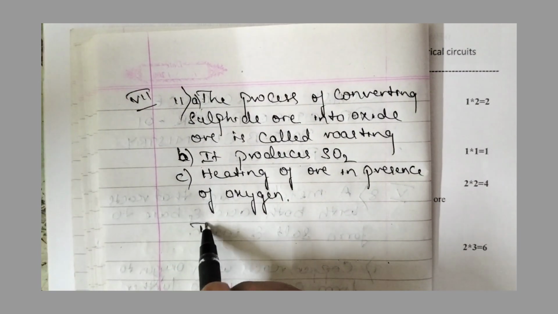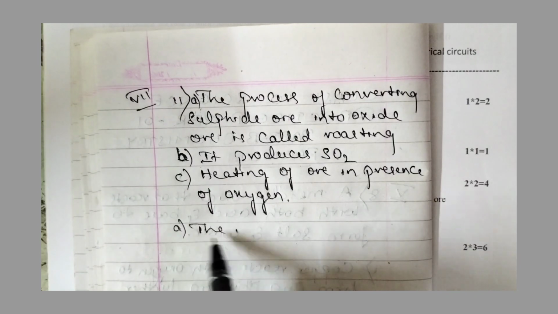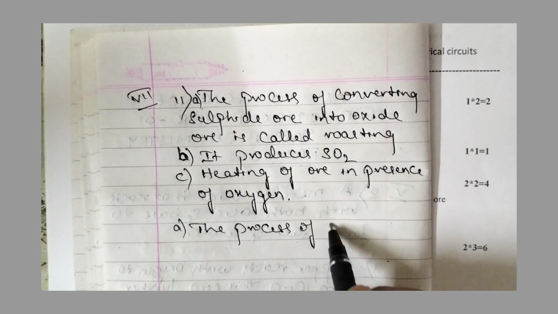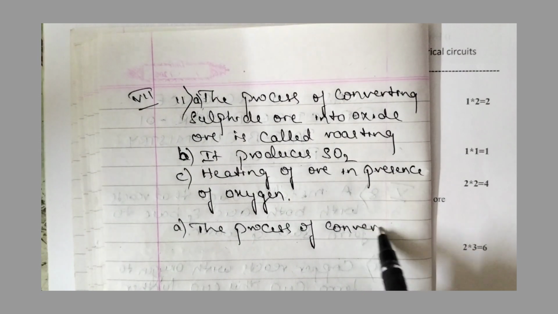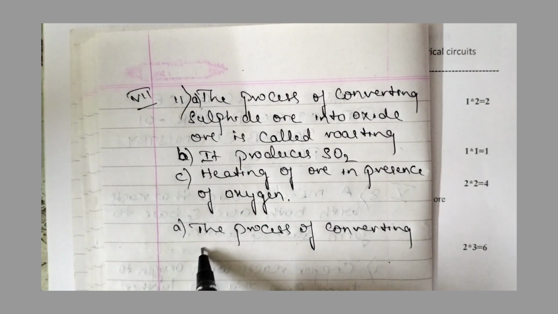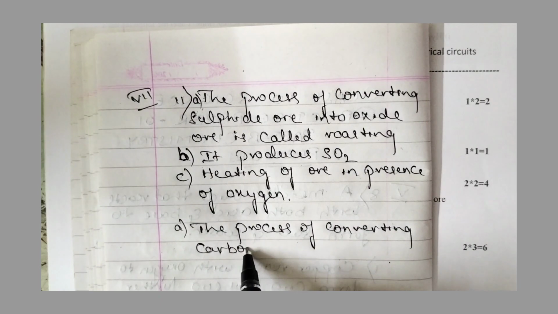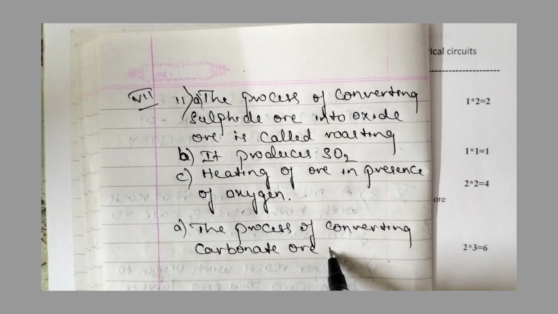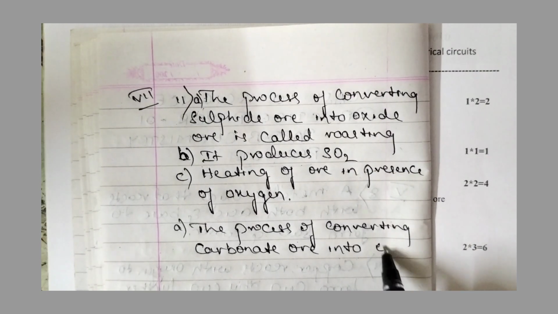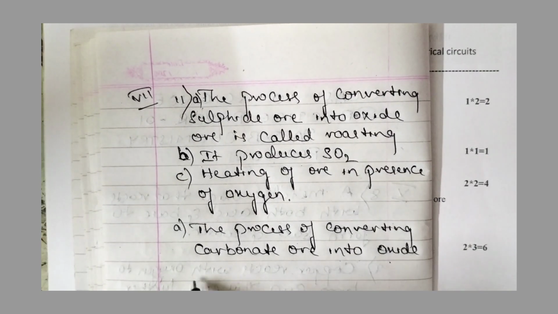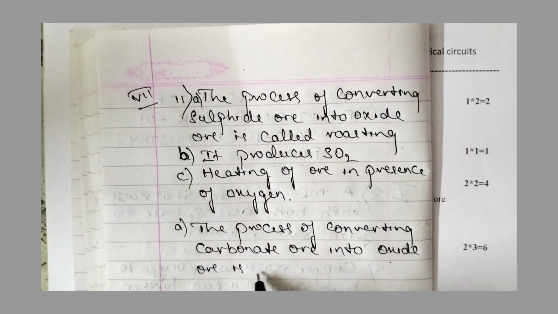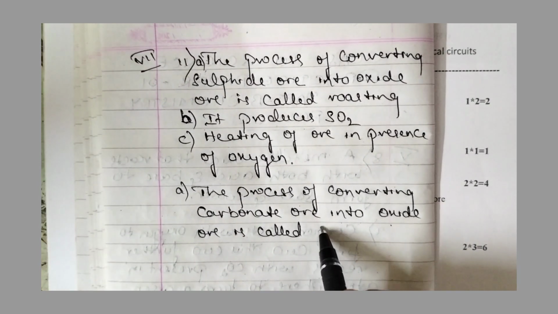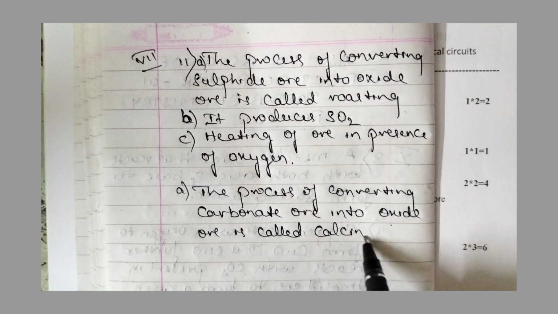Then the process of converting carbonate ore into oxide ore is called calcination.